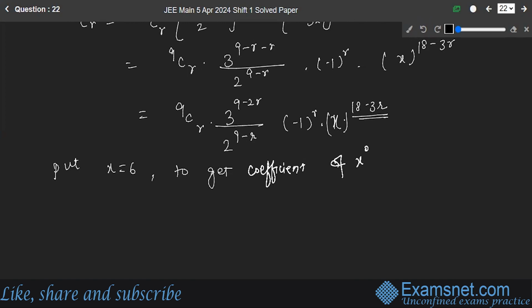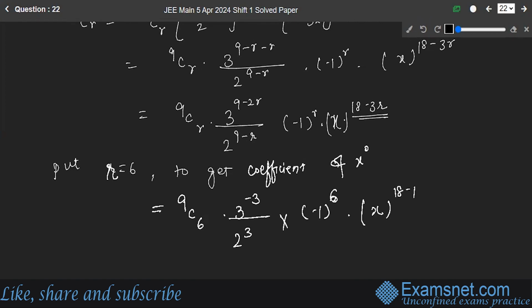So I put r is equal to 6. It will be given by 9C6 into 3 power 9 minus 12, which is minus 3, upon 2 power 3, into minus 1 power r, not x.